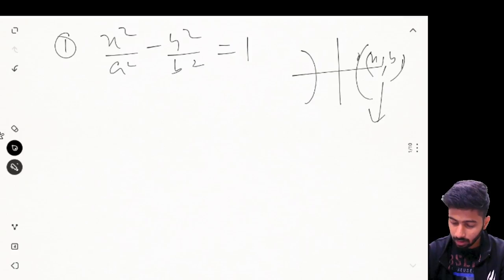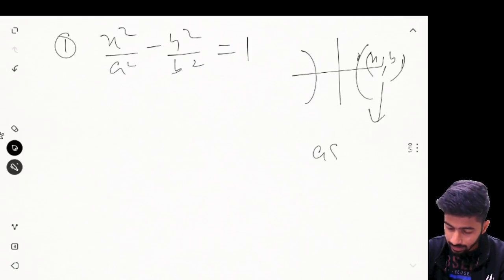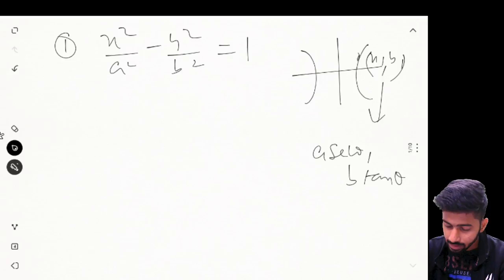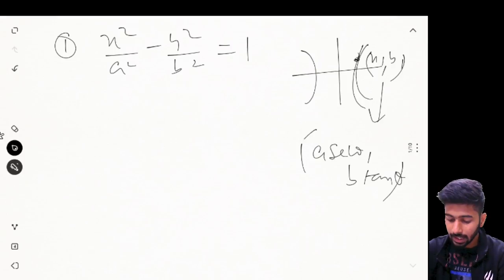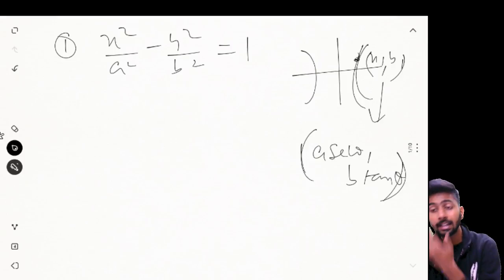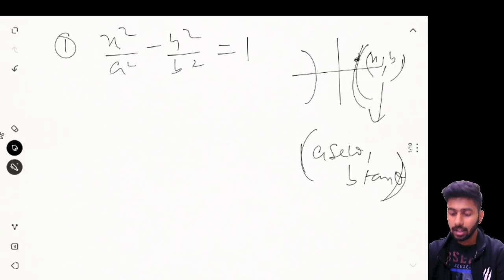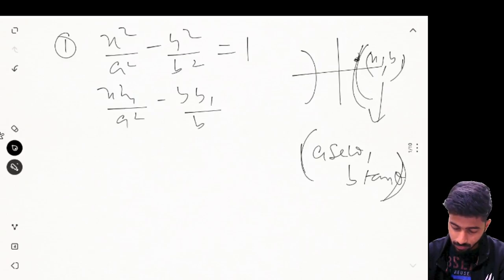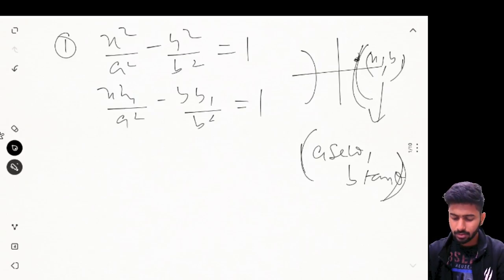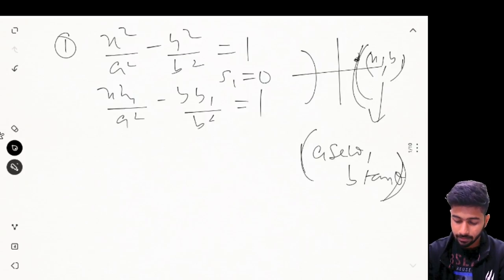Remember, x1, y1 can also be written as a secant theta, comma b tan theta. The general point on a hyperbola, the same point x1, y1, it's a general point, right? In terms of theta, I can write this general point as a secant theta, comma b tan theta. So that's why you'll have one form of tangent as this. This is basically S1 is equal to 0 if x1, y1 is given.